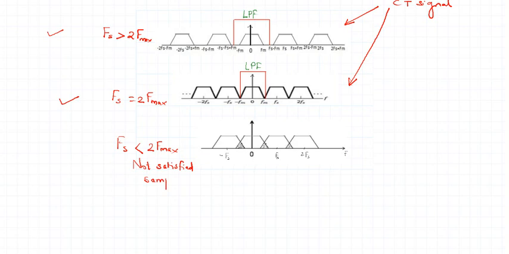There is a repetition, and since my Fs is very small, these repetitions have overlapped because I have chosen the sampling frequency to be very small. I have not satisfied a correct sampling frequency while sampling the signal, and because of this I get a spectral overlap.